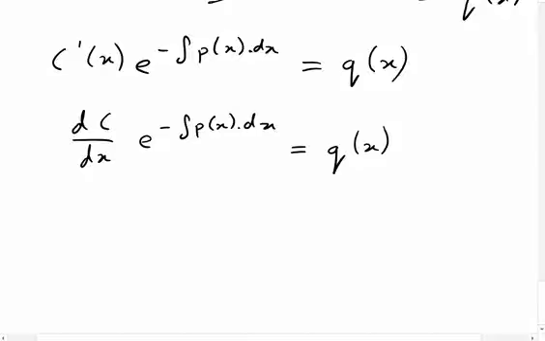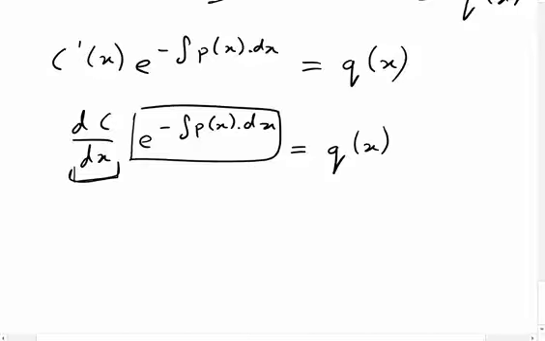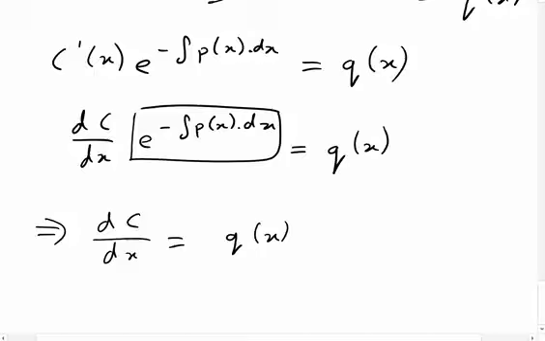If I get the derivative of my constant with respect to x on its own, then I'm going to have to divide by that thing. So that implies that dc by dx is going to be equal to q of x. Well, let's look at what this actually means.